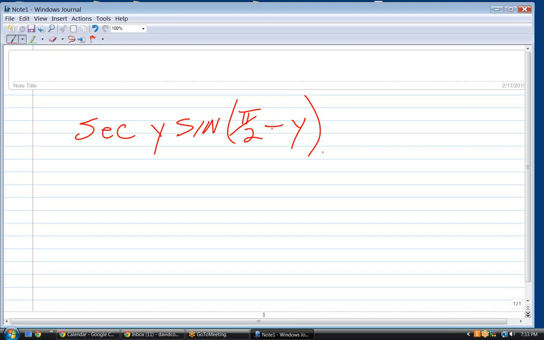Okay. And that's it. Let's talk about cofunctions. What is the cofunction of sine? Cosine. In other words, cofunctions are just the trig function with the word co in front. And the property that cofunctions share is this one.